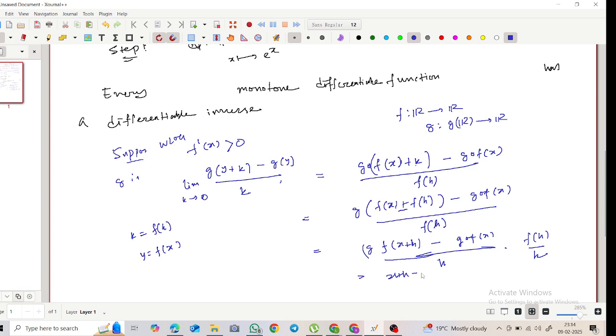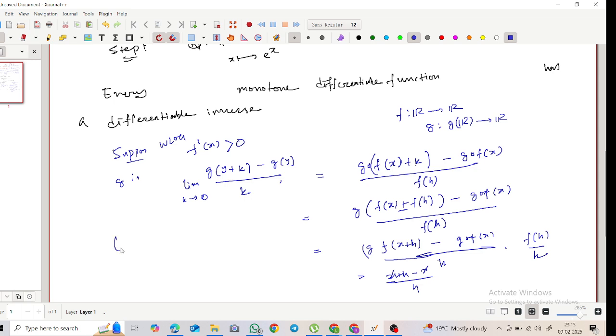So you have x by h minus x by h, and you are only left with f of h by h, and since f is differentiable, you will get it. So this will be differentiable.